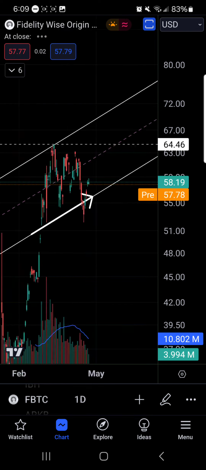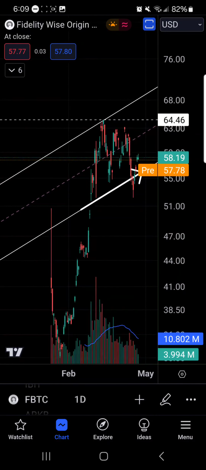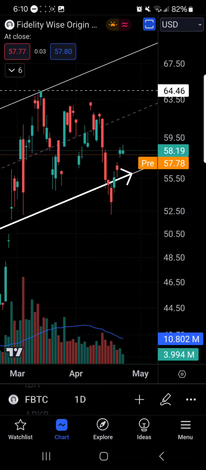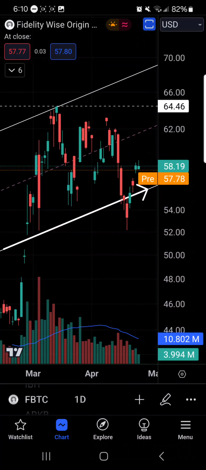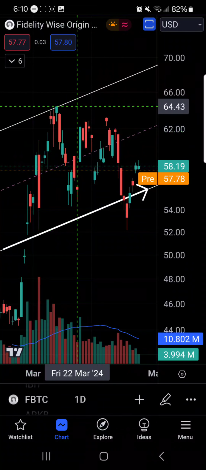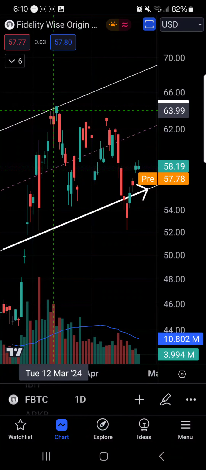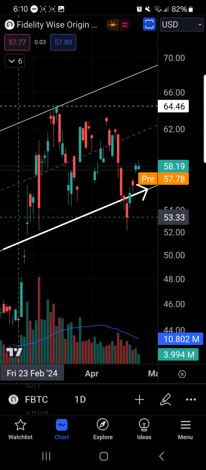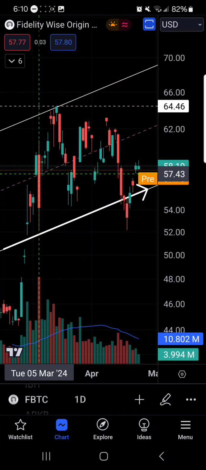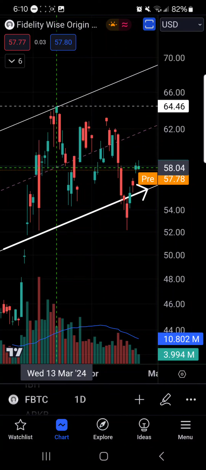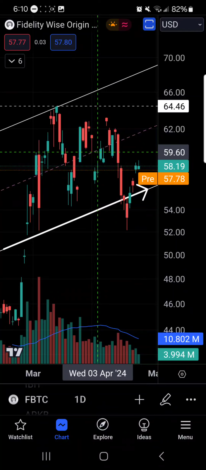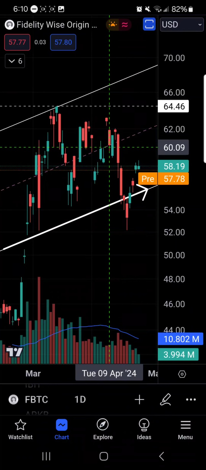Now, what's interesting is that I drew this parallel channel to kind of capture the Bitcoin trading here. You have the top of the channel here, the bottom of the channel here, and the center line catching the bottom of this candle, the bottom of that candle, the daily close of that candle, the bottom of that wick, the daily close of that candle.